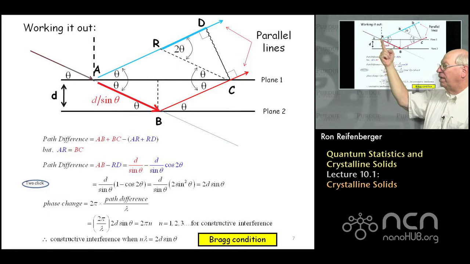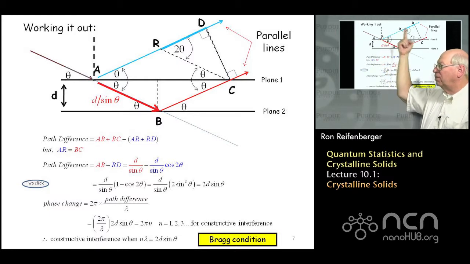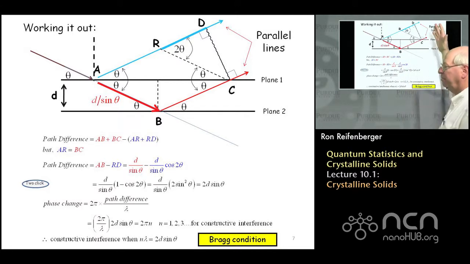Part of that X-ray beam is reflected from the top surface, that's indicated by the blue line. Part of the X-ray beam is transmitted and is reflected from the second plane of atoms, that's indicated by the red line.